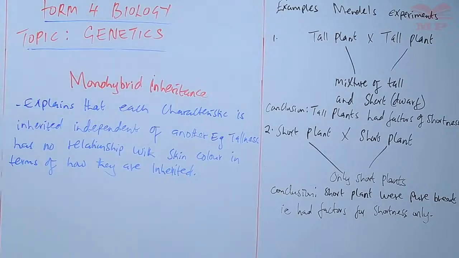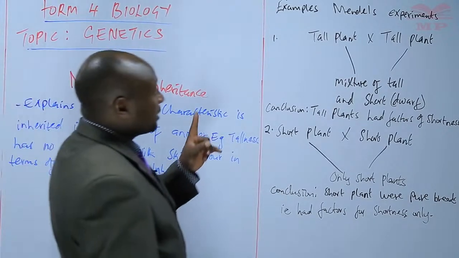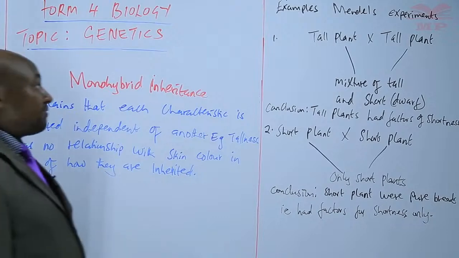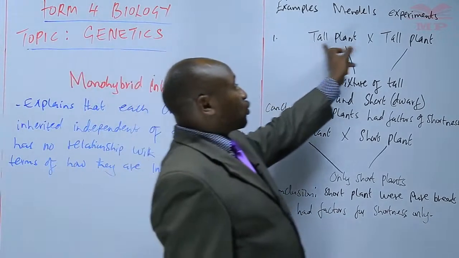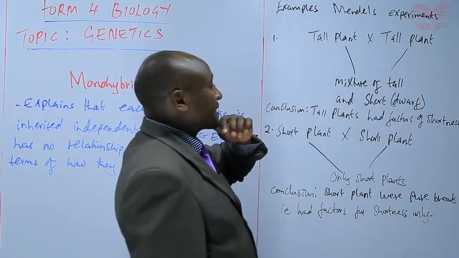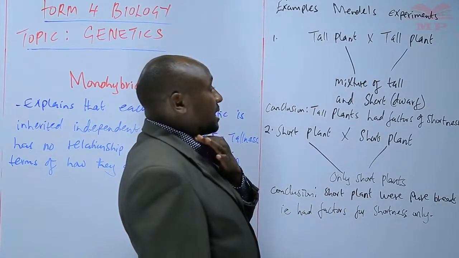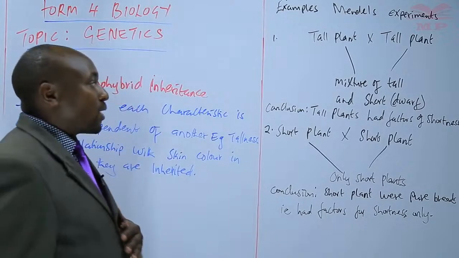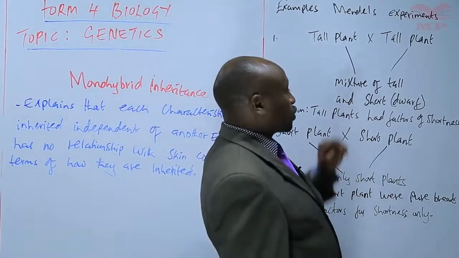So I repeat there, in the examples of experiments carried out by Mendel, the first one, by crossing the tall and the tall plants, that is the garden pea, the offspring or the products obtained were a mixture of tall and short.